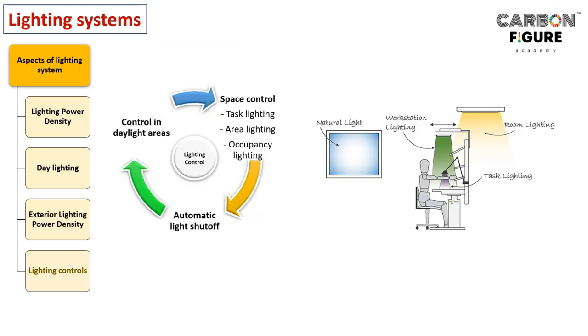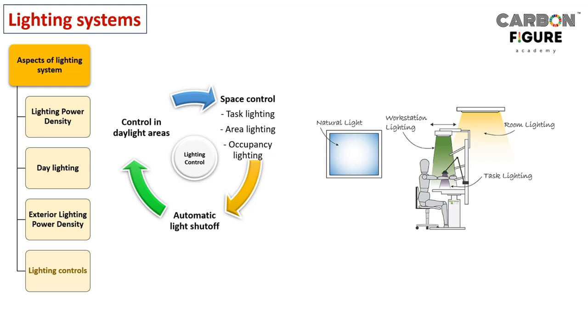So we have the last topic, lighting controls. Again, we have space control or automatic light shut off systems, all those things, right? So if you have a lighting, this is how it would look. You are working at your desk and doing your work.